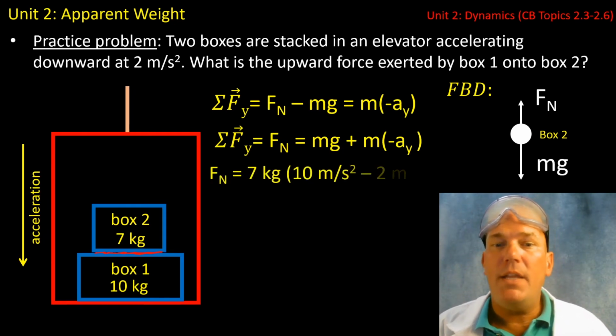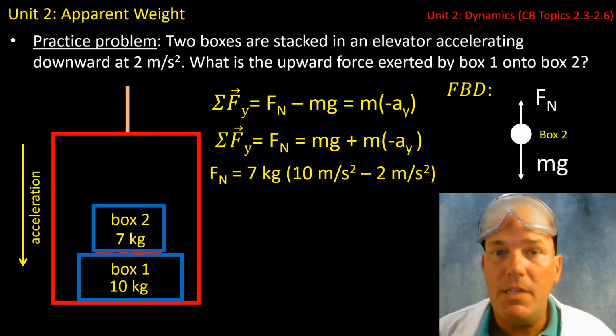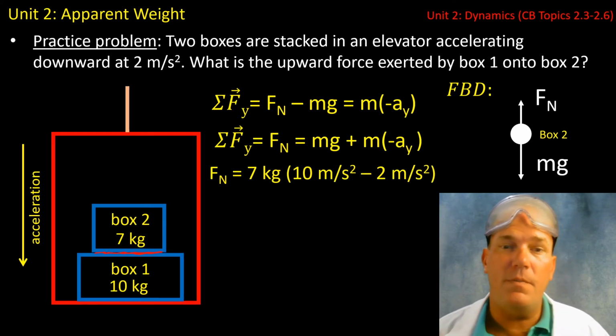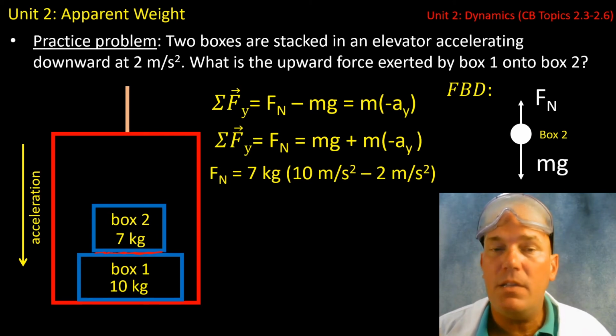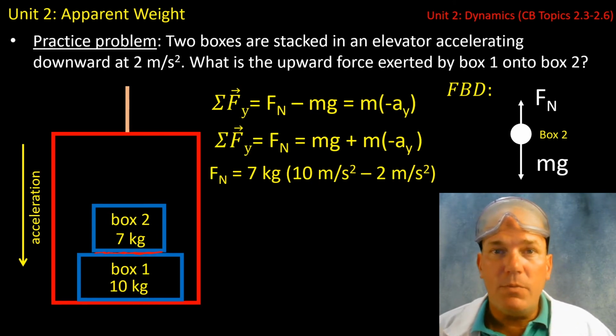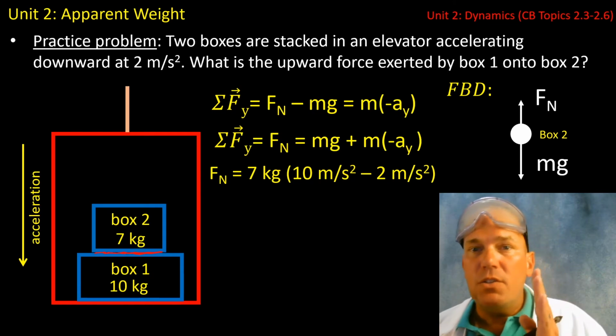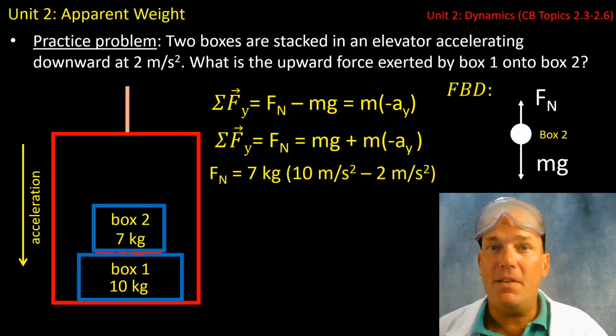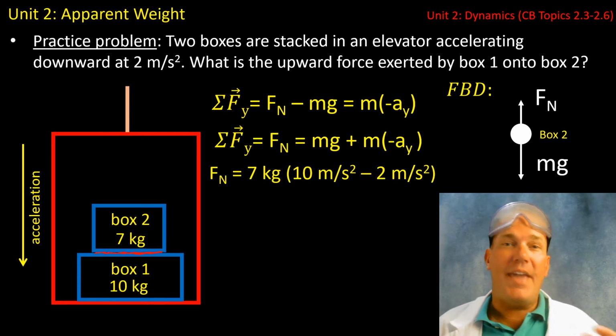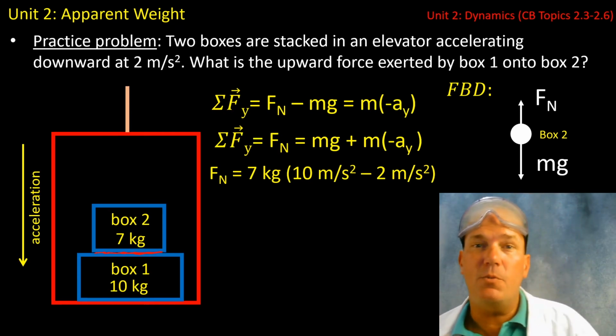Let's go ahead and factor out mass as we did in the previous two examples. So we've factored out the mass of box 2, which is 7 kilograms. Look, guys, we're subtracting 2 meters per second squared from 10. That's going to give us a value there of 8 meters per second squared.